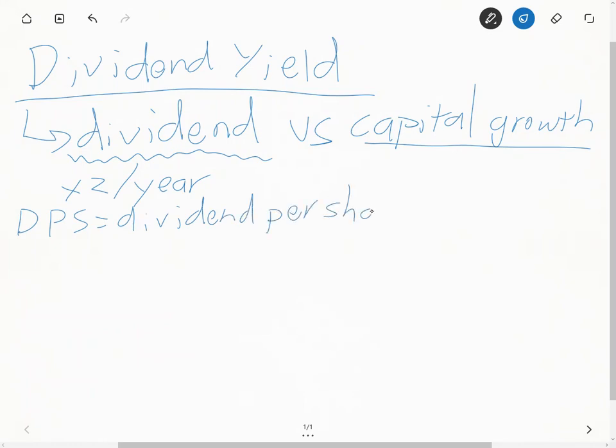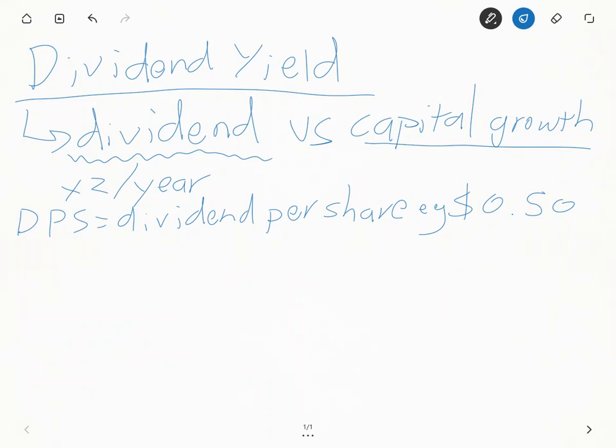So you might get, for argument's sake, 50 cents per share. So for every share you own, you will get 50 cents, as an example. Right? And the company, it's up to their discretion. The board of directors, it's up to their discretion how much of the profits they want to pay in dividends.